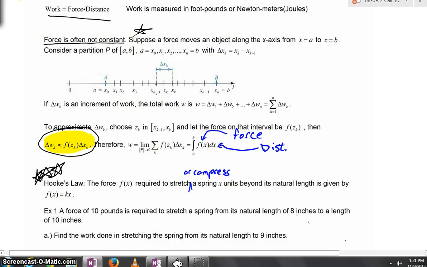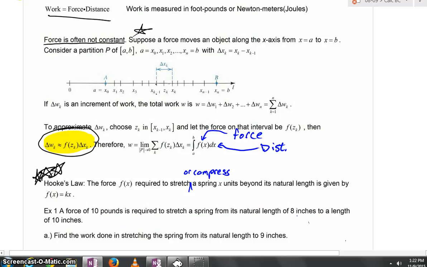Delta W would be the force at some value in between there times a little distance. Imagine that we're chopping this up so that delta x gets to be super, super tiny. Well, all of a sudden, this is going to look more and more like a Riemann sum. It's going to look exactly like what we've been doing all year in calc.